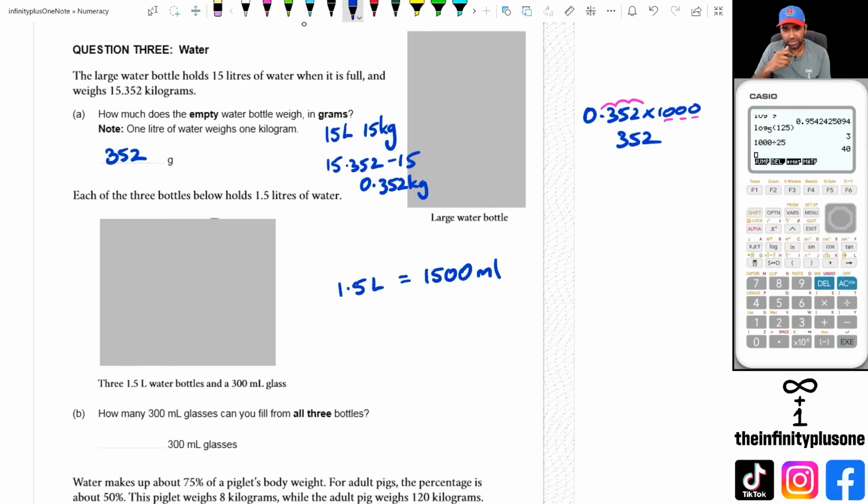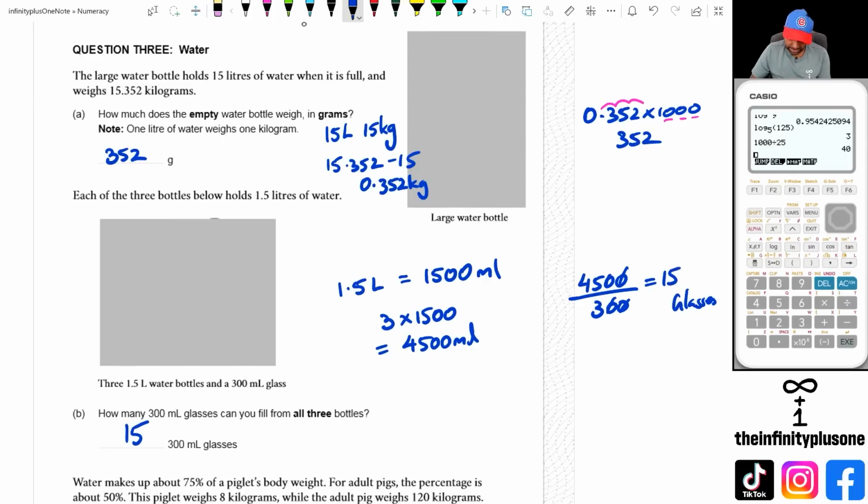And we've got 3 bottles of that. So 3 times 1,500 equals 4,500 mils. And if we do 4,500 divided by 300, that's going to give us 15. So 15 glasses. All right, next question.